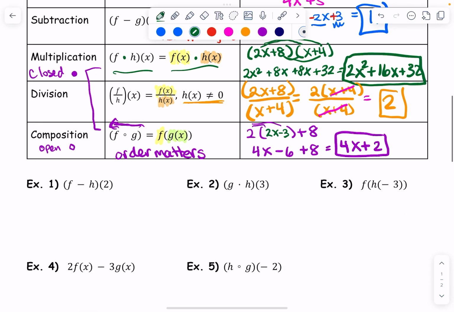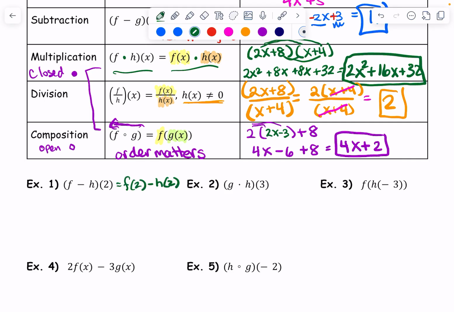Well, this one, you can do one of two things. You can find this and then substitute the 2 in, or you can substitute the 2 into each of them. So you can also do f of 2 minus h of 2.